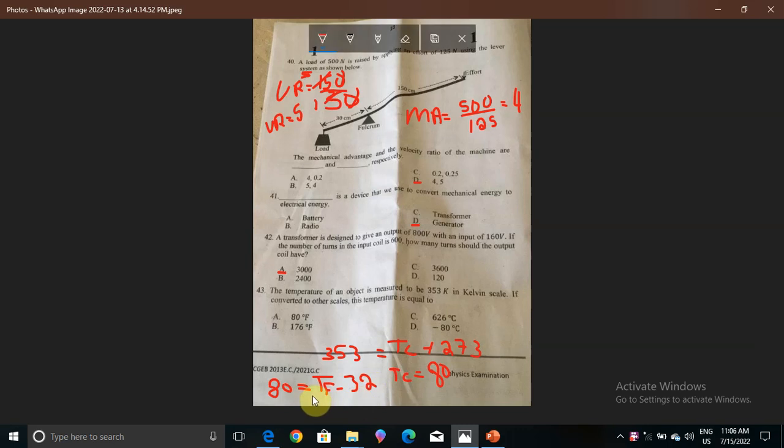Here it will be over 80, and here over 100. When you crisscross, you will find 176 degrees Fahrenheit. So the correct answer for question number 43 is 176 degrees Fahrenheit.